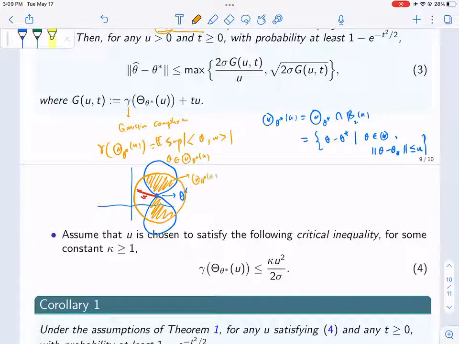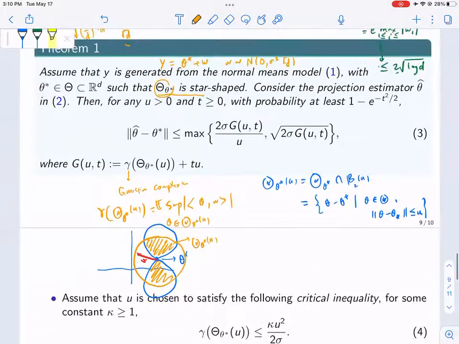How big this is as a function of u, as you vary u, you start with some small radius and you increase it, how big this grows as a function of u appears in the bound. So it depends on the local geometry of the set around the true parameter. The t here, by these concentration results, gives you some juice to use, but the main object is this guy. Okay, so that's the result that we had.